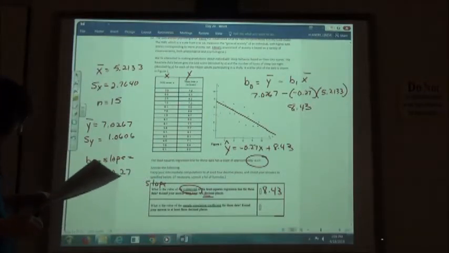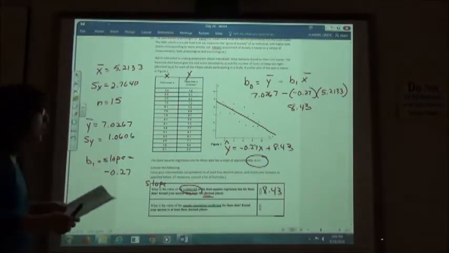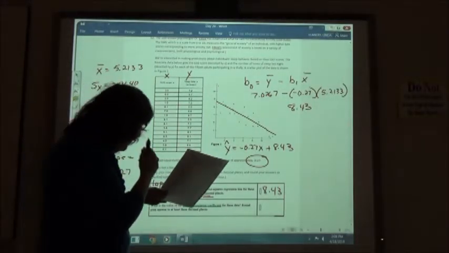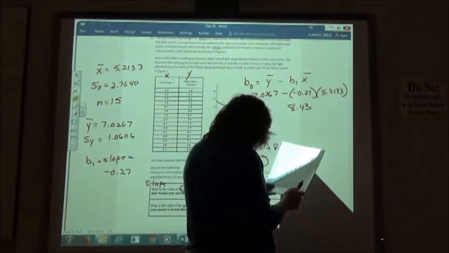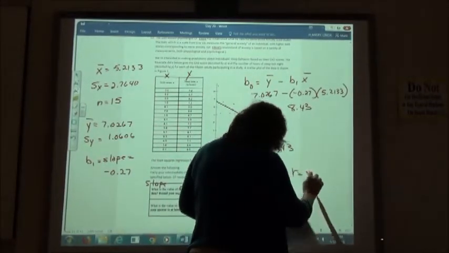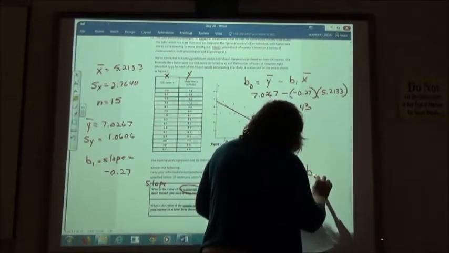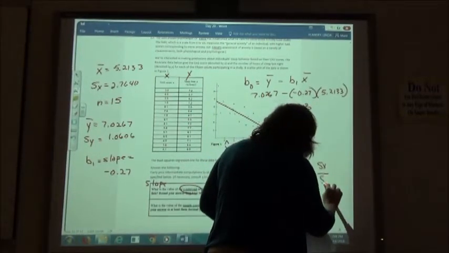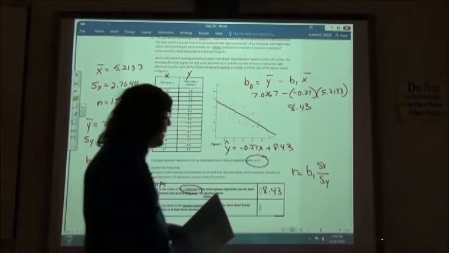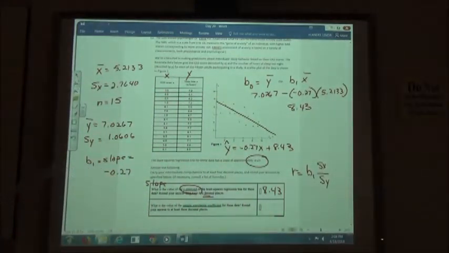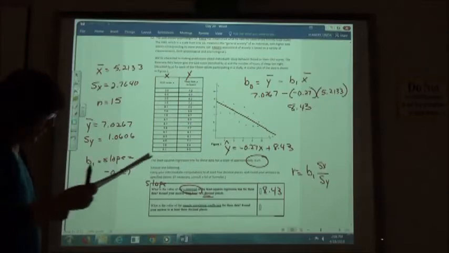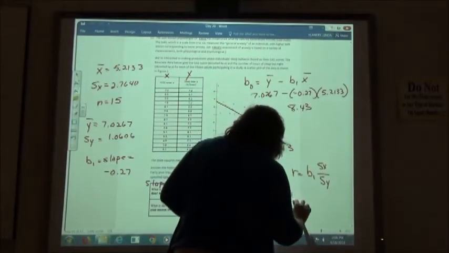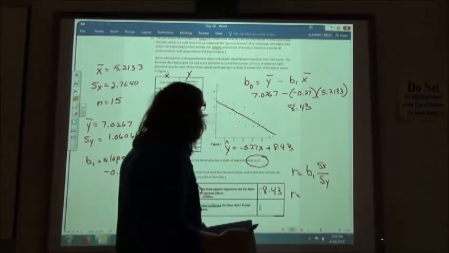On the second one, we want to find that sample correlation coefficient. And so in order to find your sample correlation coefficient, we're using the formula that R is equal to B1 times the standard deviation of X divided by the standard deviation of Y. So in this case then, R is going to equal B1.